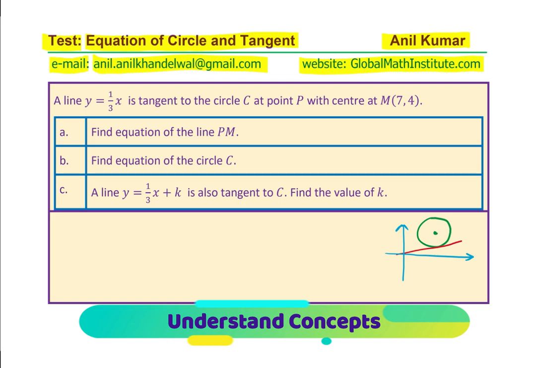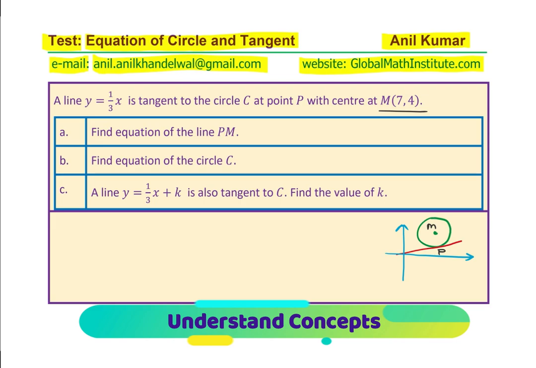That helps. So now it says the line is tangent to the circle C at point P. This is the point P we are talking about, with the center M given to us as 7, 4. Now we need to find the equation of the line PM.